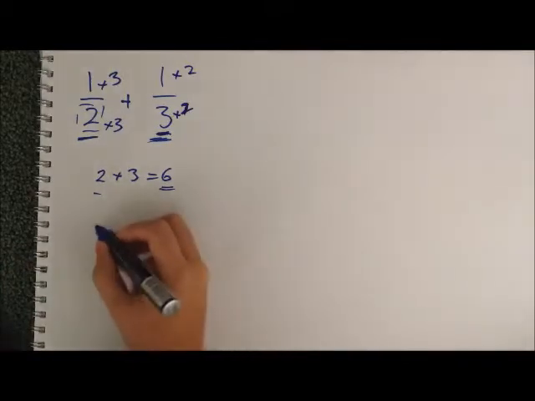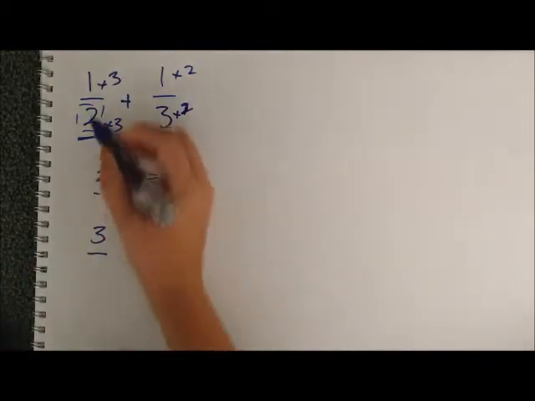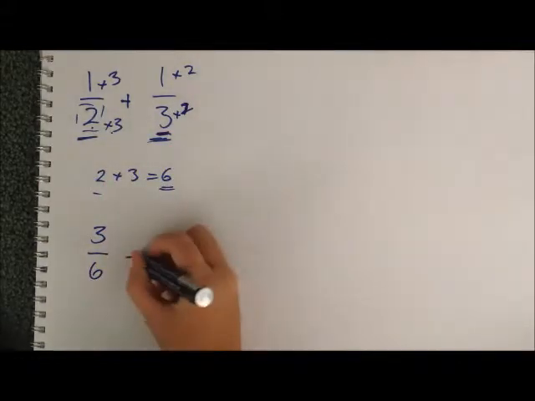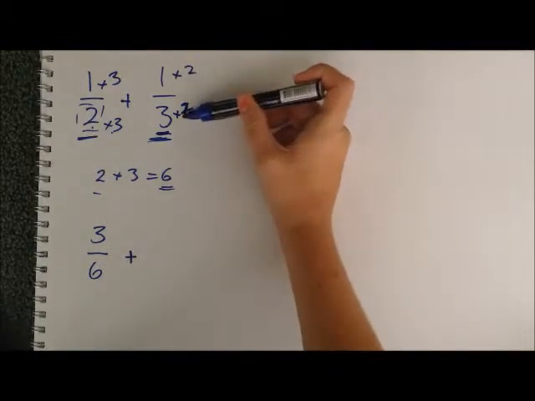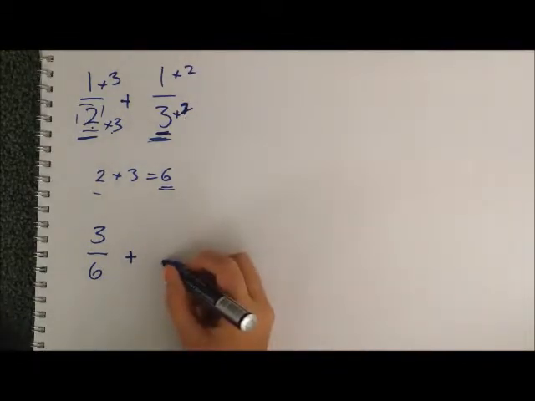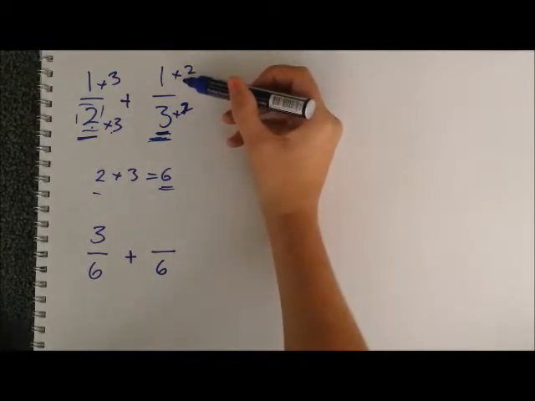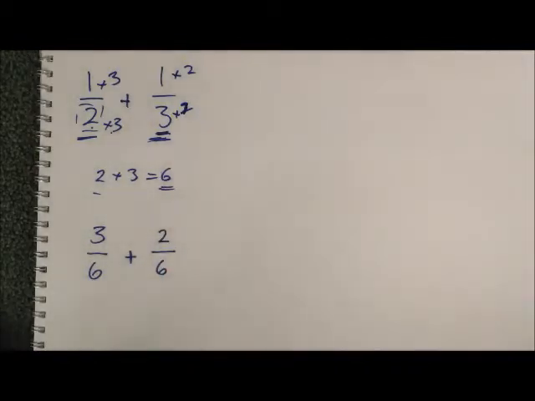So this all comes out to equal 3, 1 times 3, over 6, 2 times 3, plus, what do we do to the bottom? We times it by 2, so 2 times 3, 6, on, what do we do to the top? We times by 2, so it would be 2.